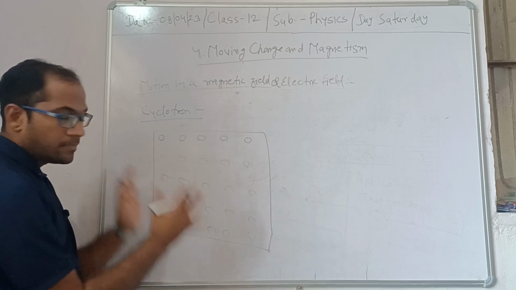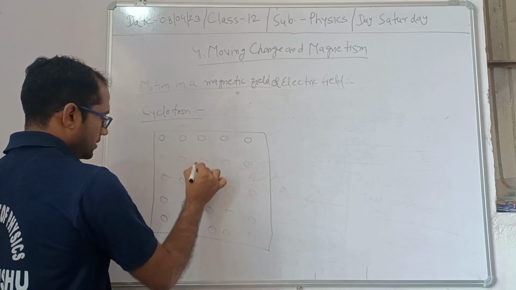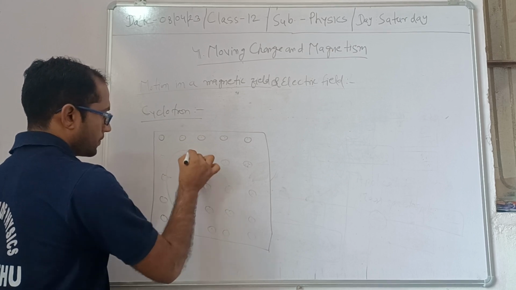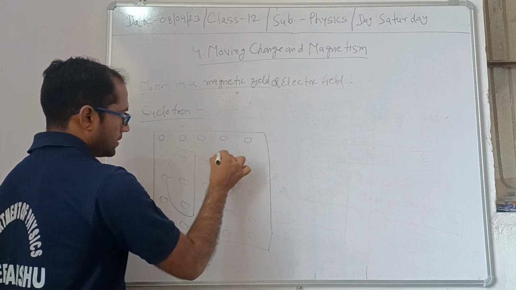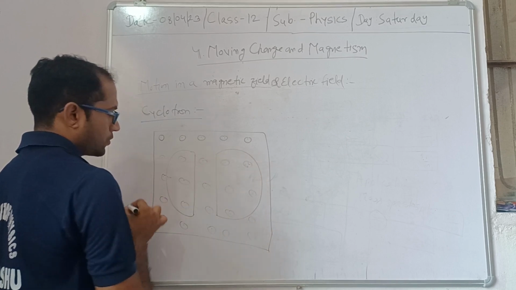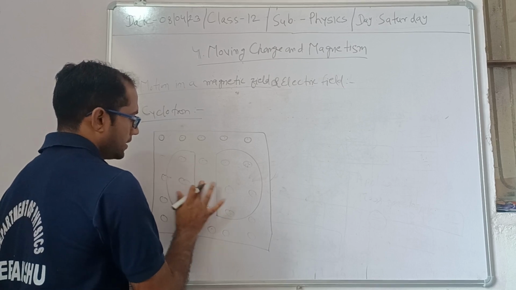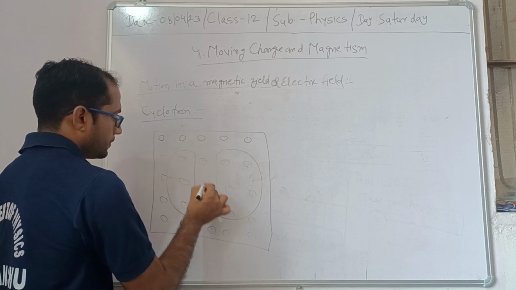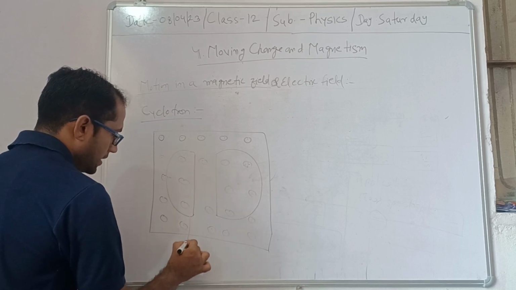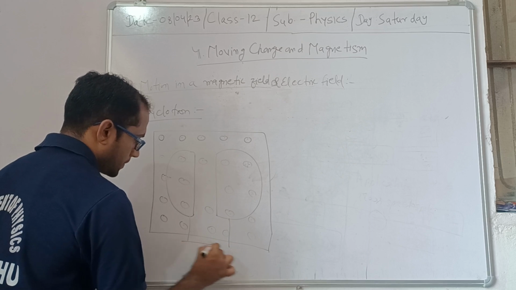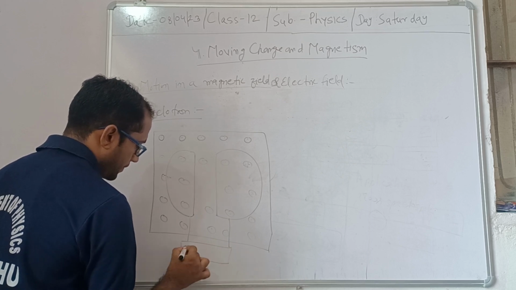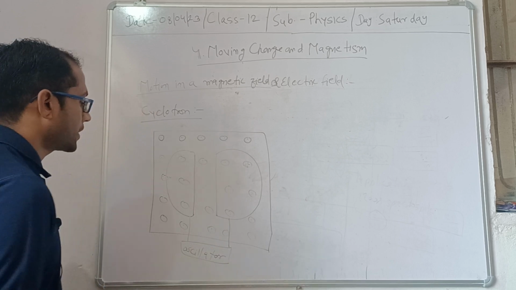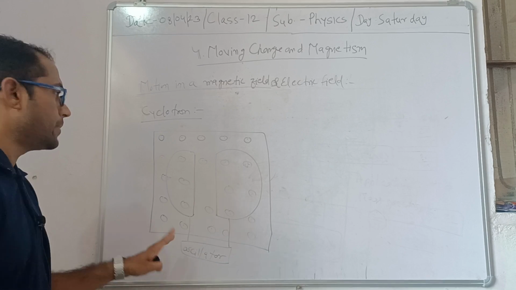In this magnetic field two metal Ds are present, first and second, and an elementary particle source is present. These Ds are connected with an oscillator. Why are these connected with the oscillator? I will explain.